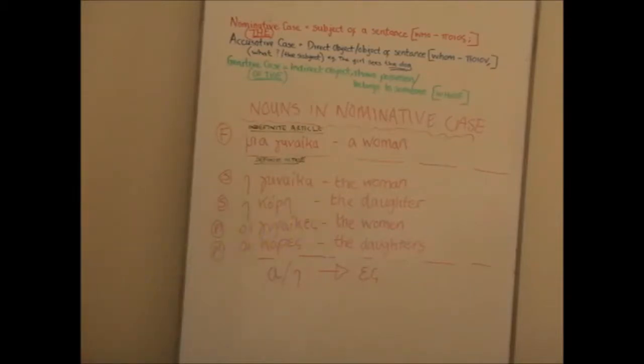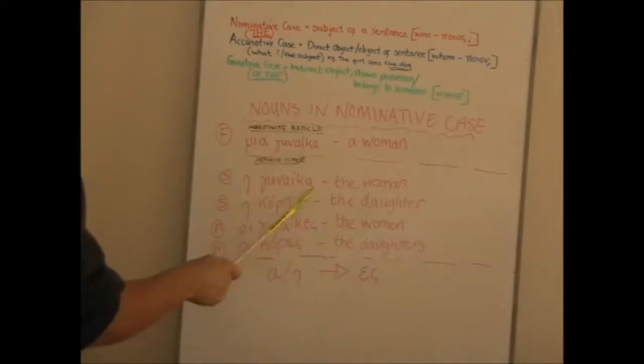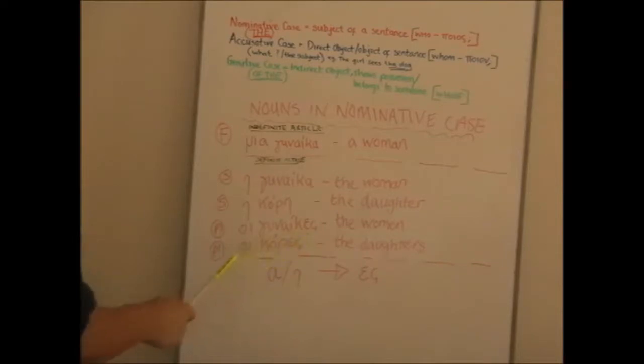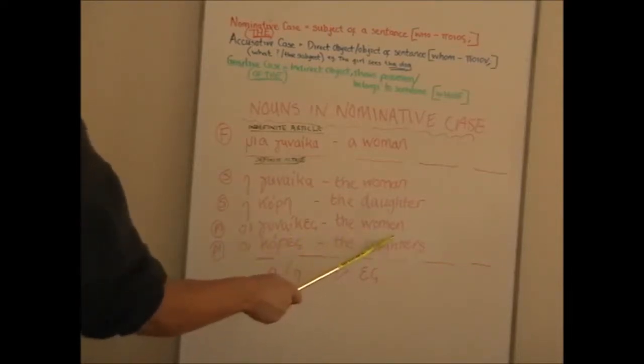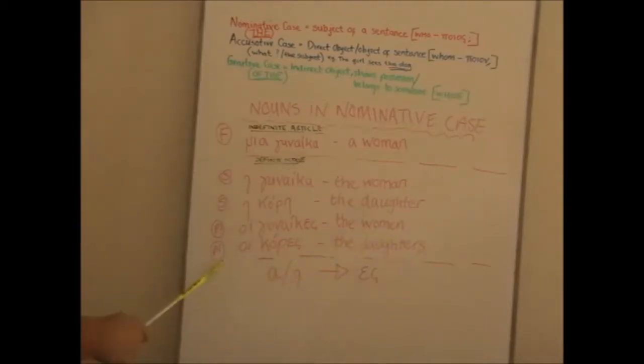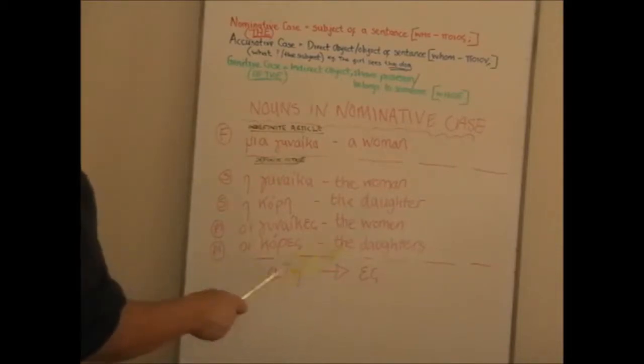For plural feminine, i changes to i. So we have οι γυναίκες, a changes to es for plural. Οι γυναίκες, the women. Another example of plural. Οι κόρες, the daughters.